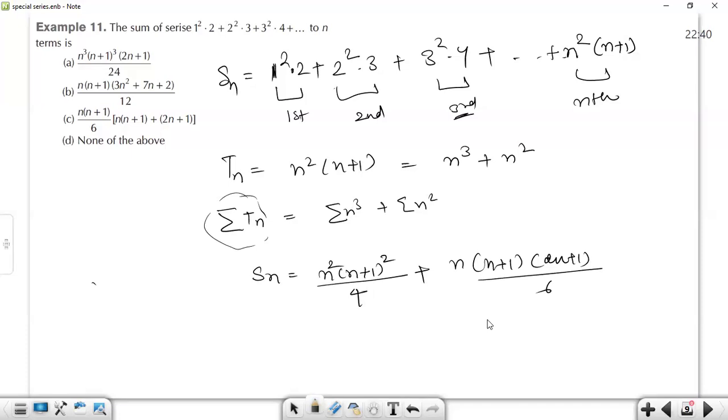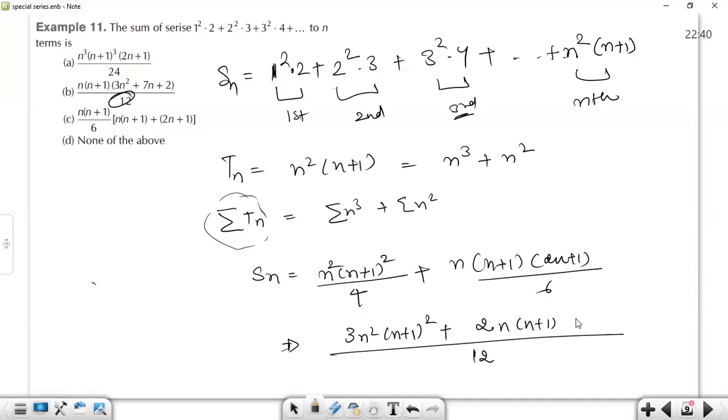Now let's observe the options. Yes, there are chances to have 12 as the LCM. Let's take 4 and 6. 12 can be the LCM because it's a multiple of both, the least common multiple of both. 4 into 3, so 3n square into n plus 1 square. 6 into 2, so 2n into n plus 1 multiplied by 2n plus 1.